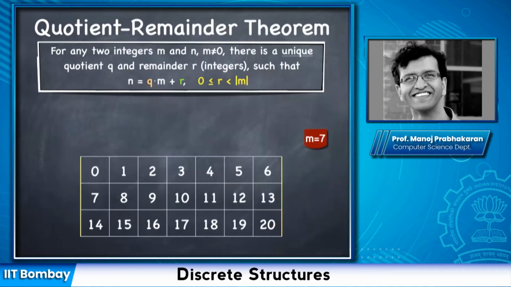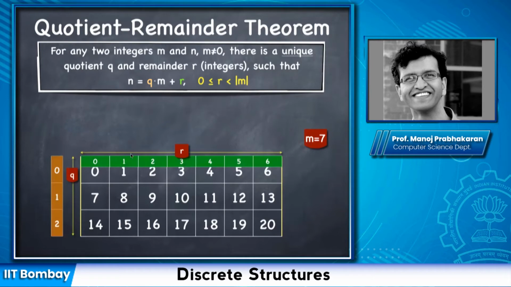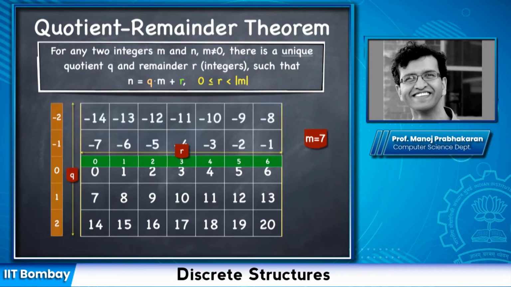And here was an example for m equal to 7. You could list all the integers in this table or calendar, as it were, where the columns are indexed by the remainders and the rows are indexed by the quotients. And it's an infinite table stretching both ways, positive and negative.